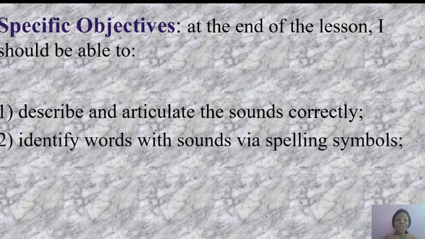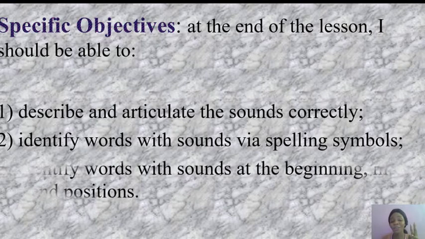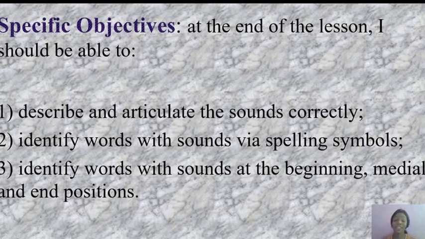Now, number 2 specific objective states that you should be able to identify words with the sounds via spelling symbols. Yes, very important. Now, number 3 specific objective states that you should be able to identify words with the sounds at the beginning, medial, and end positions.